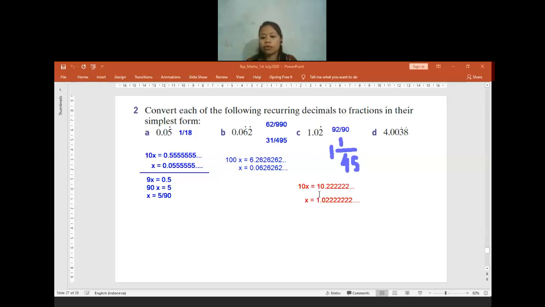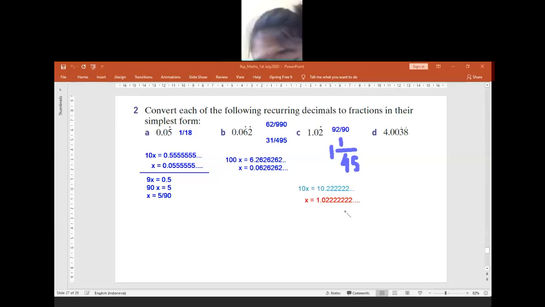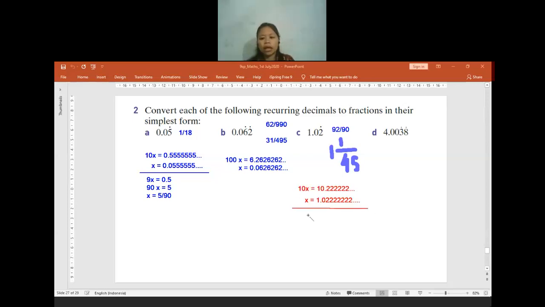Do you agree or disagree, or are you getting confused? No? Okay, no confusion. So now we subtract them. 10x minus x will be equal to how many? 9x, right? Okay, I write 9x. And now I have 10.2222 minus 1.0222.